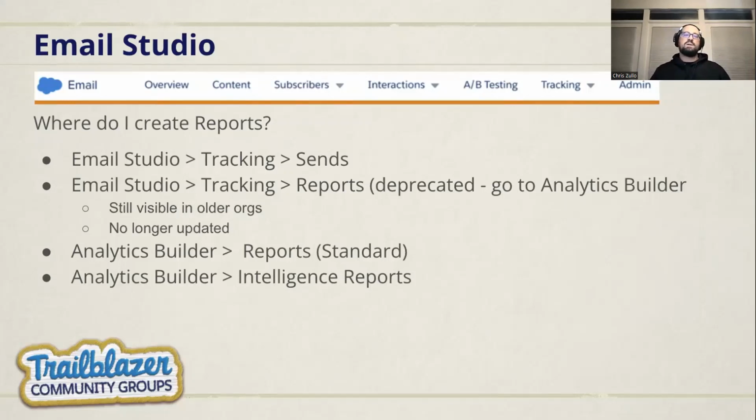There is a tracking option, at least it's still visible in my environment. It is deprecated, or otherwise no longer updated. They're not adding features and functionality to that. They're not building on that. They're building within Analytics Builder.